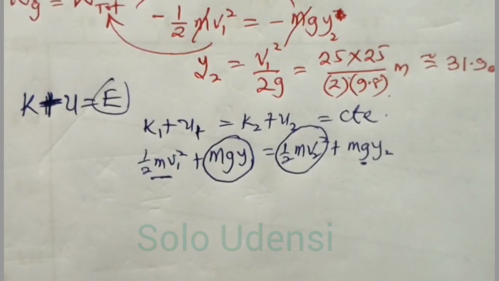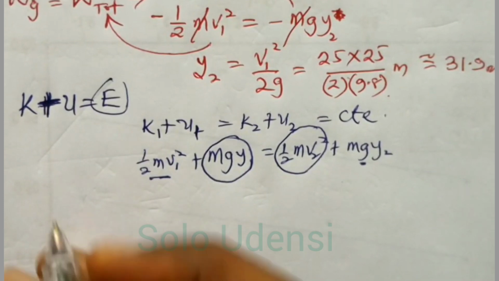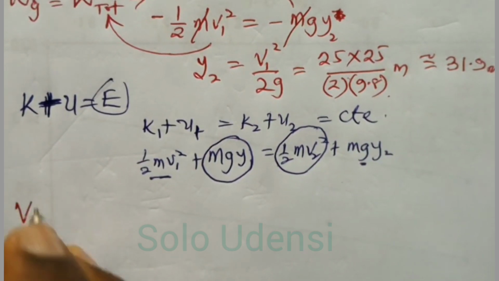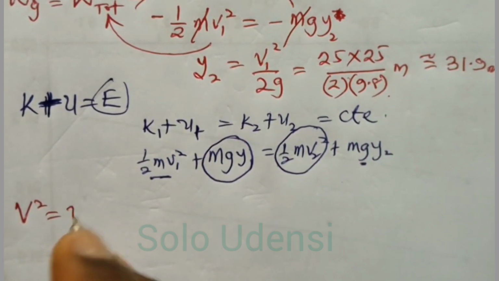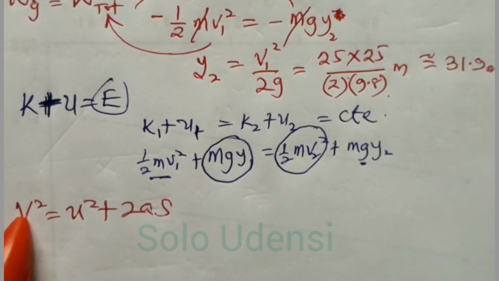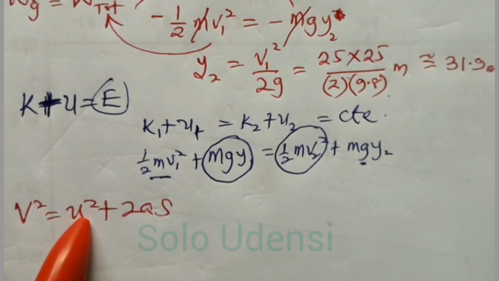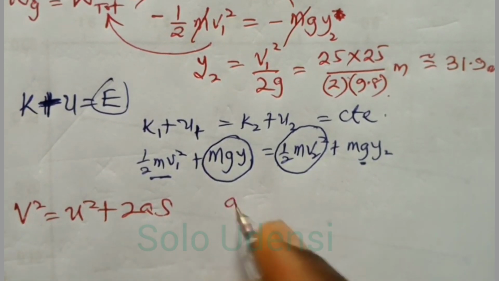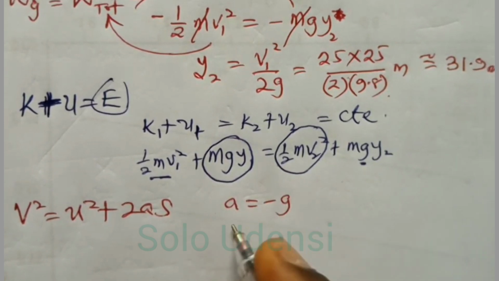Another thing we could have used, if we are not solving it through this method of energy conservation, is the formula v squared is equal to u squared plus 2as, where these are the final velocity, initial velocity, and the acceleration due to gravity. a is equal to minus g and v is equal to 0 at maximum height.